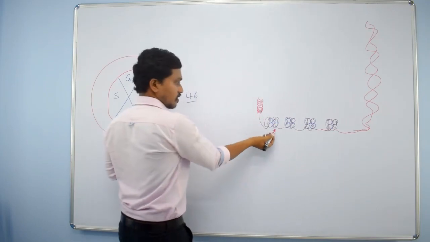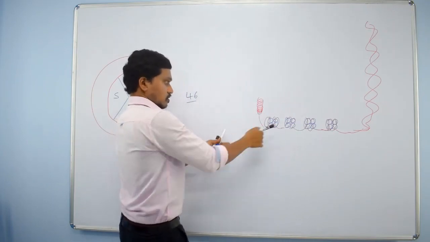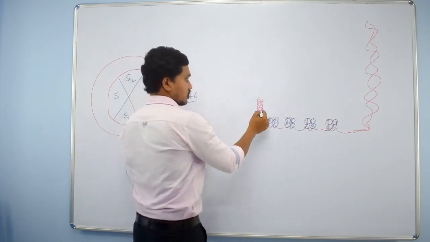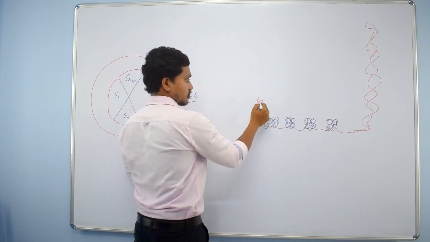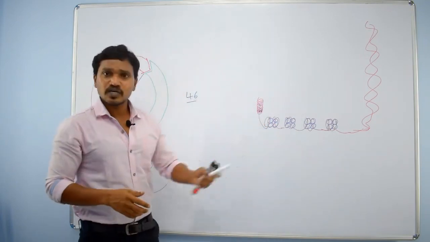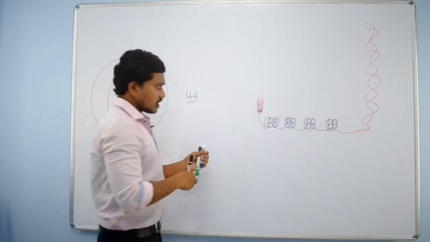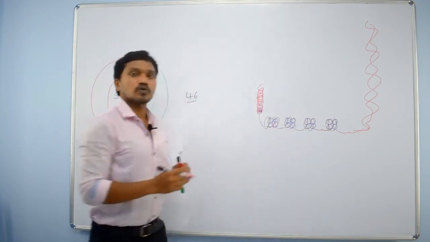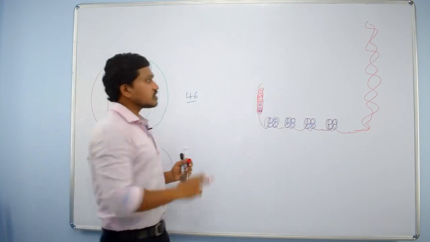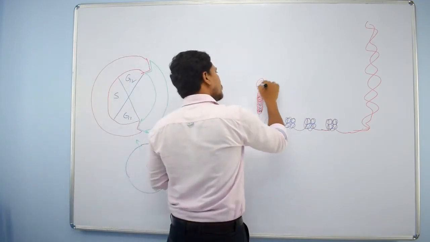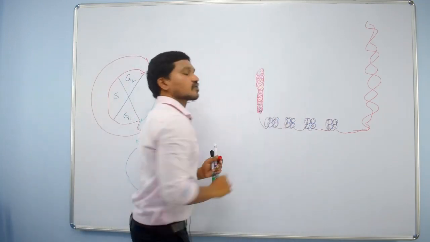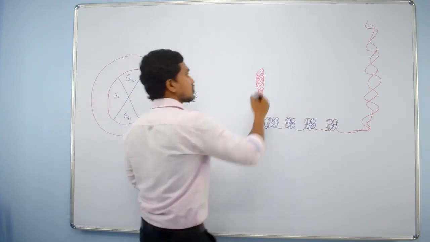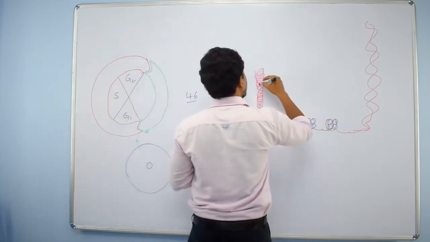Of course, I didn't draw the histone molecules here, so you can put the histone molecules in. So these chromatin filaments coil again and form chromatin threads. These chromatin threads further coil and form a structure like this.